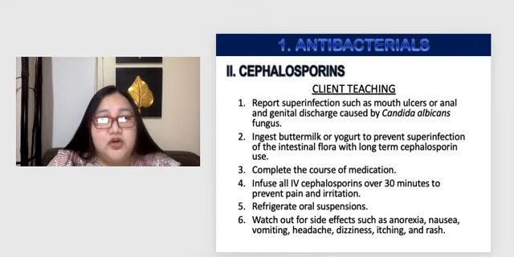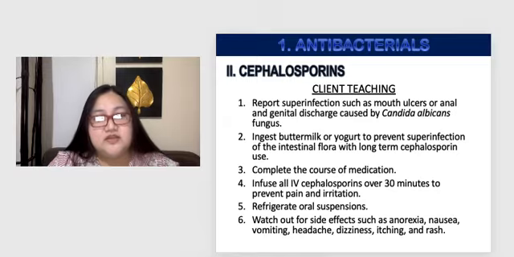Fourth, all IV cephalosporins are painful. No? They can cause irritation. So, hindi dapat basta-basta ina-IV push. Kailangan siyang ini-infuse over 30 minutes. Alright? Remember sa ating medications and calculations, if you are to infuse it over 30 minutes, no?